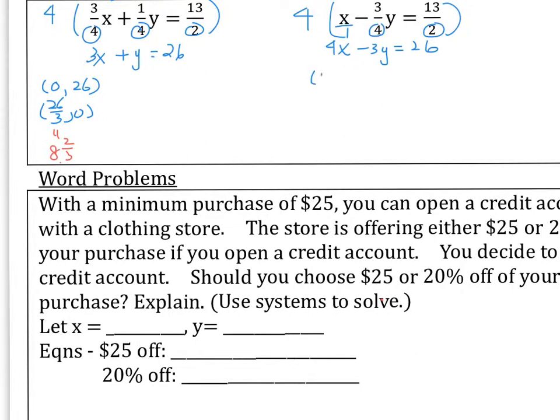When x is 0, y will be negative 26 over 3. And then negative 26 over 3 would just be negative 8 2/3.